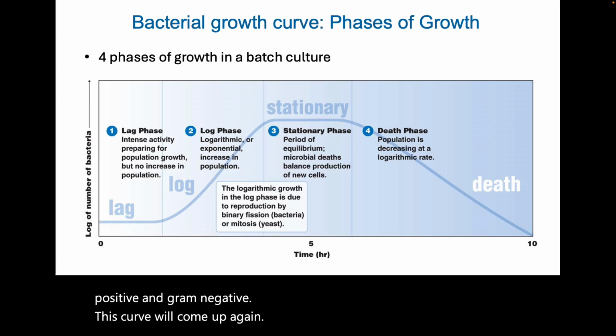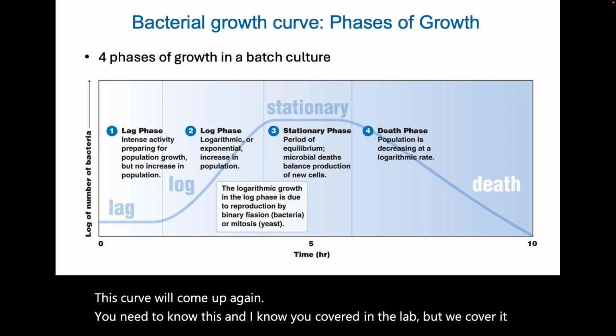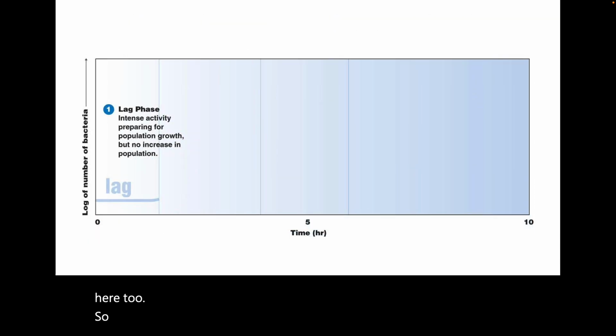You need to know this. And I know you cover it in the lab, but we cover it here too. So there are 4 steps or 4 phases to growth in a closed system where there is no addition of nutrients and no removal of waste.